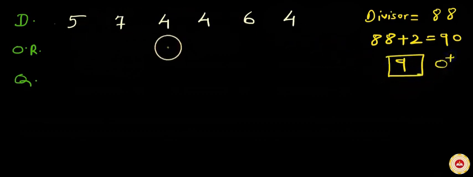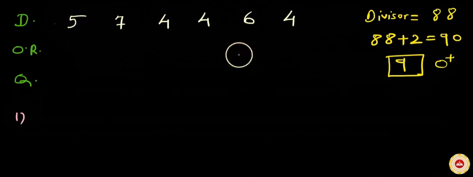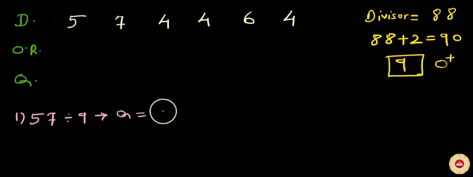Now let us osculate the given number by this positive osculator 9. Step number 1: starting from the left side, consider the first digit, 5. 9 is greater than 5, so join the second digit to this 5. We have 57. 57 divided by 9 gives quotient 6, since 9 sixes are 54, and the remainder is 57 minus 54, which is 3.